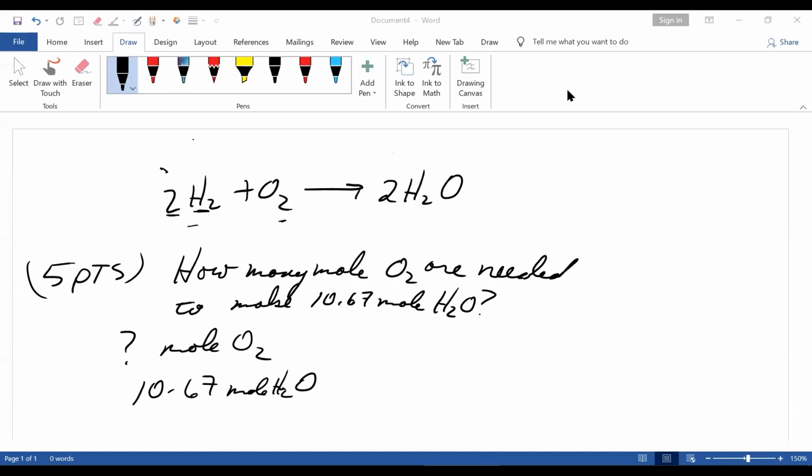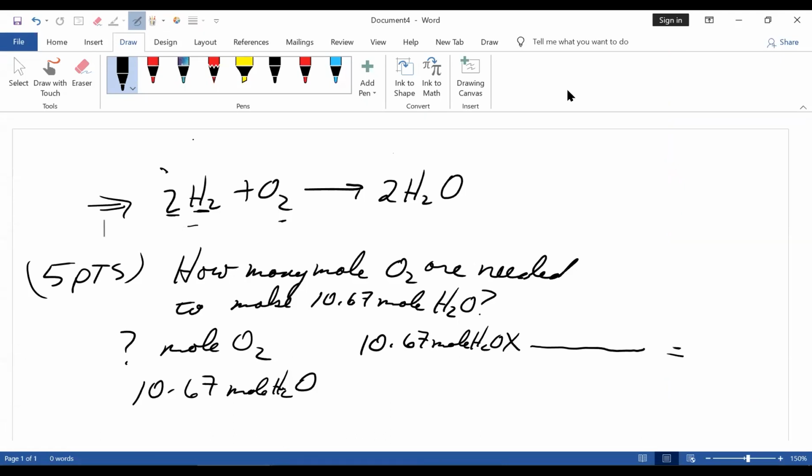All right. Now, we start with whatever we're given. And this is the only thing we're given. Actually not. You're also given a balanced chemical equation. But for now, let's use our good buddy, our good friend, unit analysis.